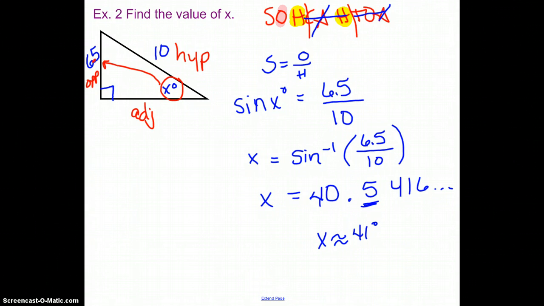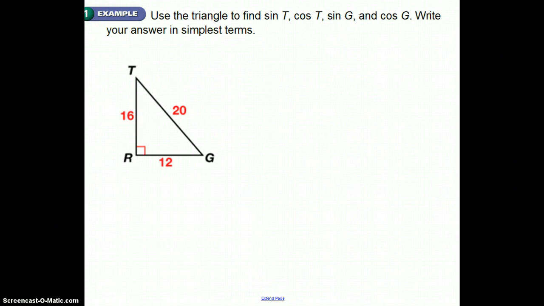Okay, let's try one more here. In this one, they would like us to go through and use the triangle to find the sine of t, cosine of t, sine of g, and cosine of g, and write your answer in simplest form. First of all, because of the way this is written, I can tell that both t and g are focus angles.